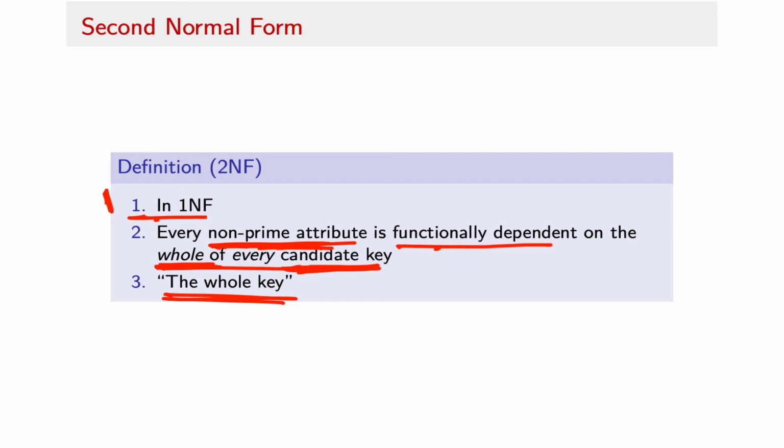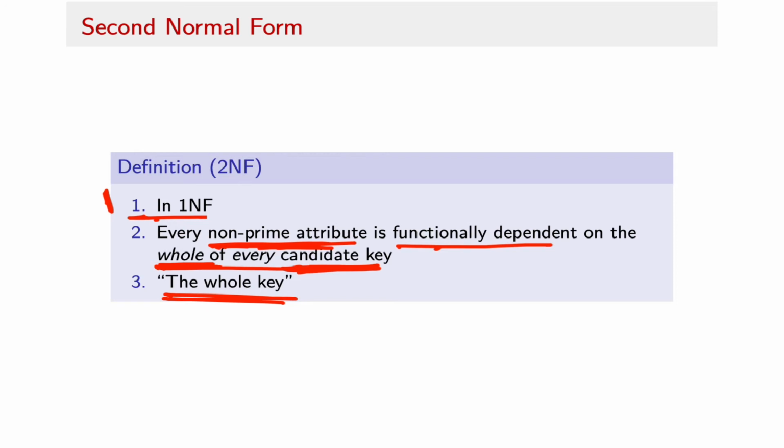Essentially, if we have areas of the first normal form relation that violate that second constraint, in other words, non-prime attributes that are not functionally dependent on the whole of every candidate key, that's a signal that we should separate the attributes of the original relation into multiple relations where that constraint holds, where every non-prime attribute is functionally dependent on the whole of every candidate key.